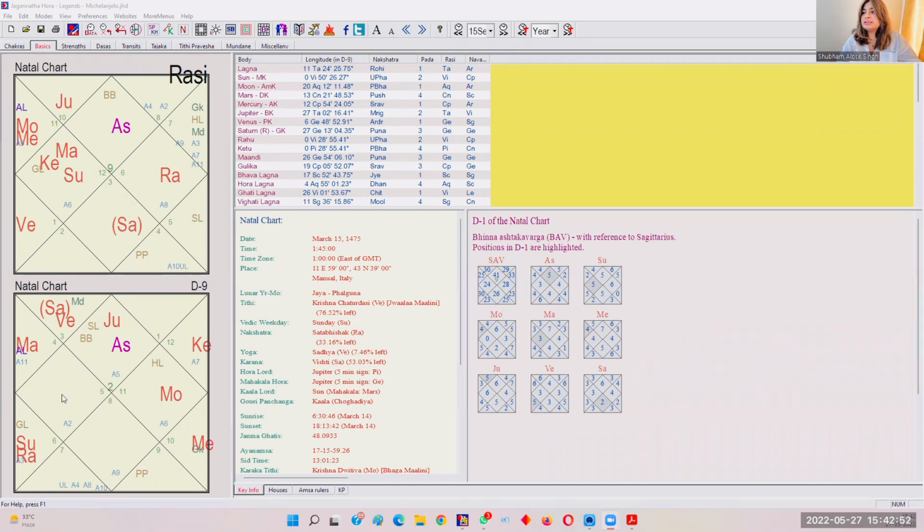So either the degree of his ascendant in D9 should be 4 degree, or it can be 16 degree. Now 4, why? Because the sign of Leo falls in the fourth from Taurus. 1, 2, 3, 4. Okay?